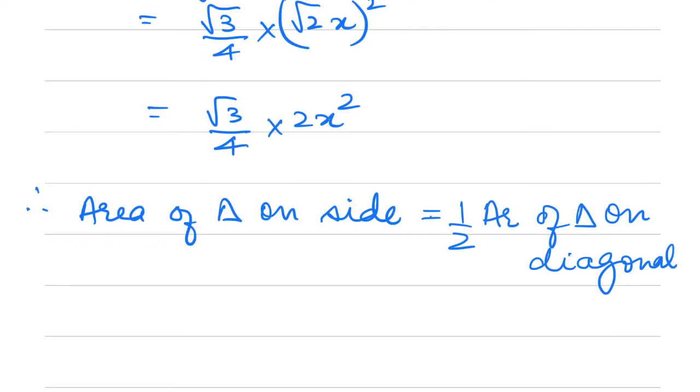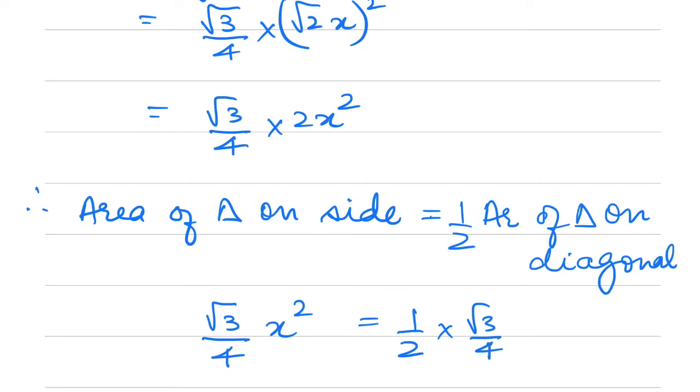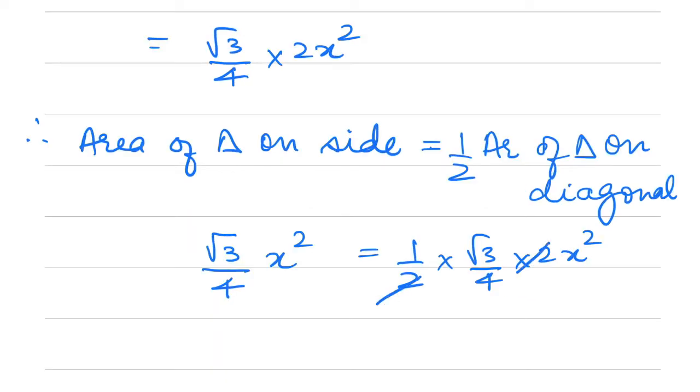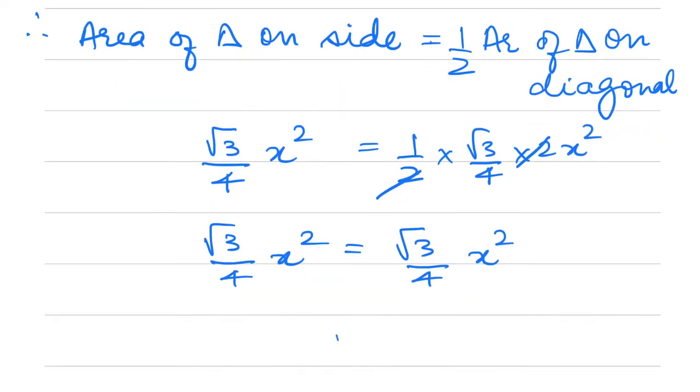Area on side is equal to root 3 by 4 x square, and this is half of root 3 by 4 into 2x square. 2 gets cancelled, so it becomes equal. Root 3 by 4 x square is equal to root 3 by 4 x square. So hence proved.